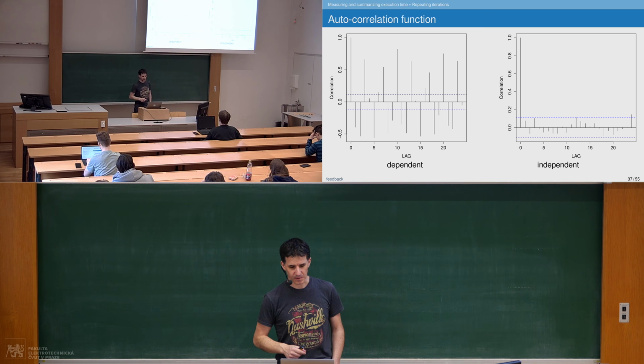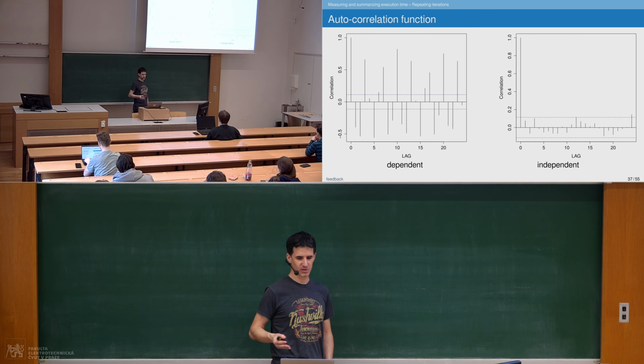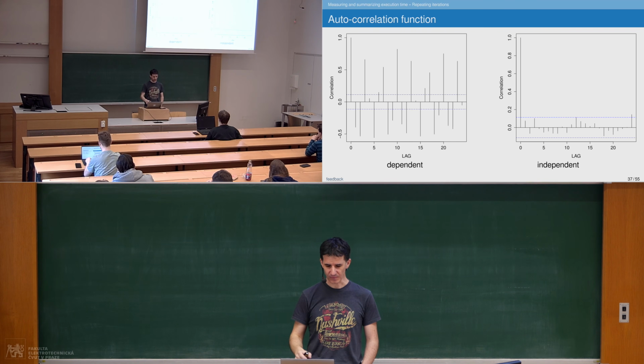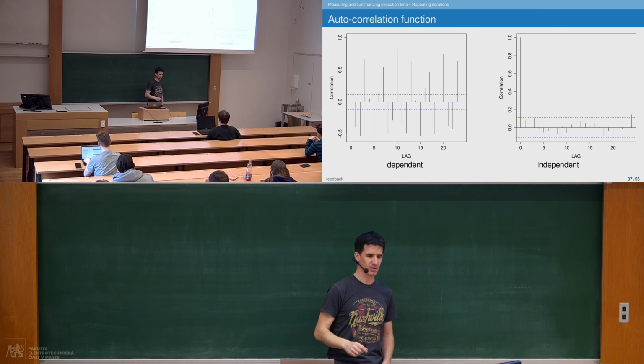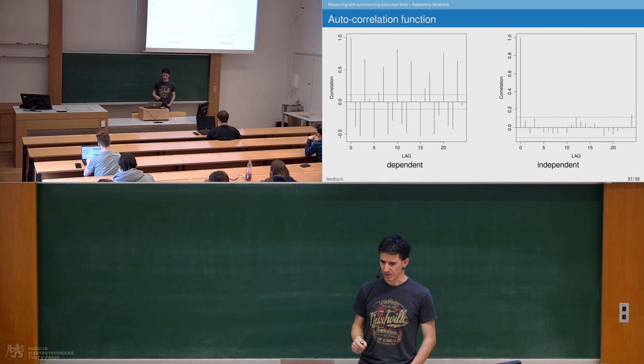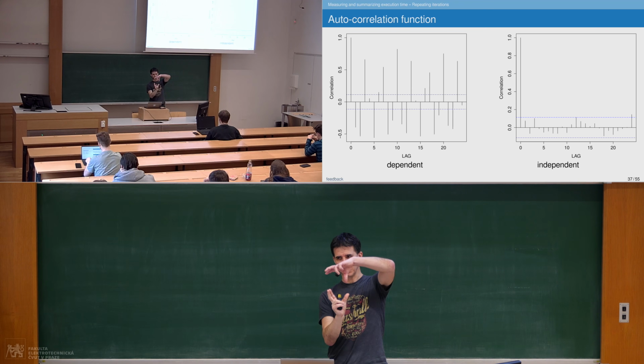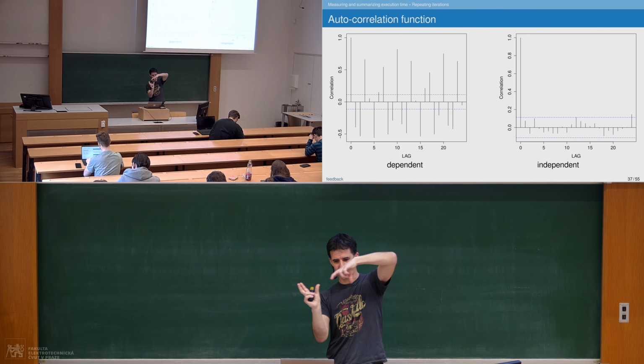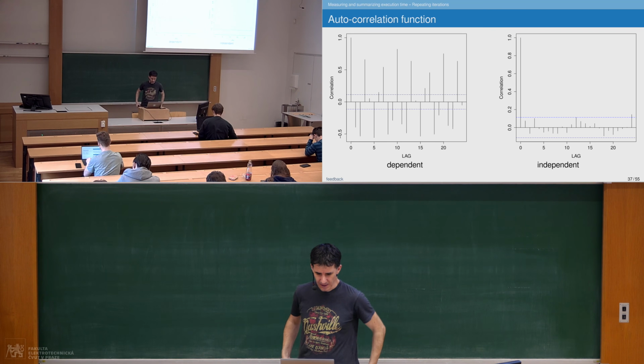The second option is autocorrelation function. This is probably what you know from statistics as well. Autocorrelation is that you calculate correlation between the sequences which are shifted by 1, 2, and as many samples as you want.